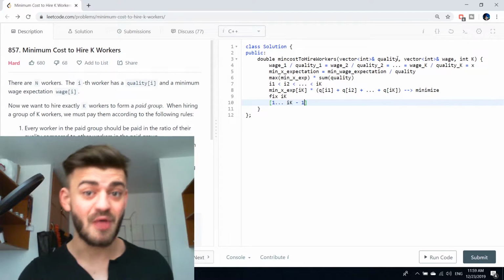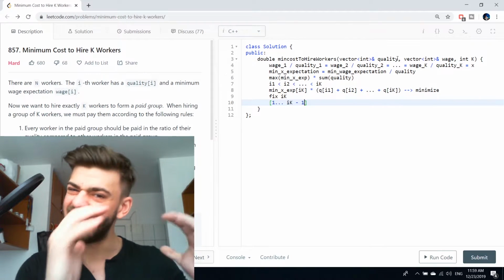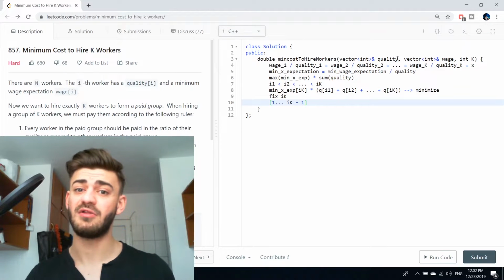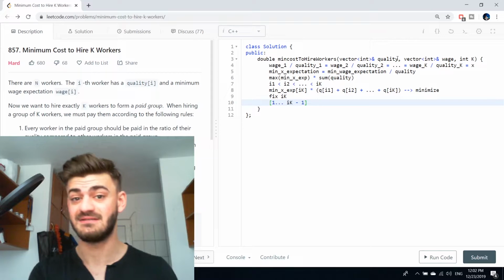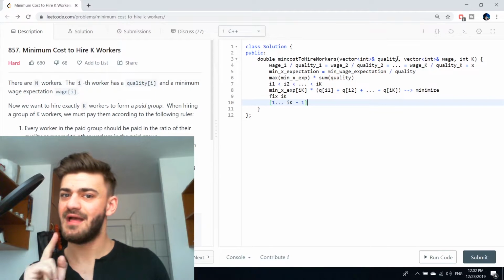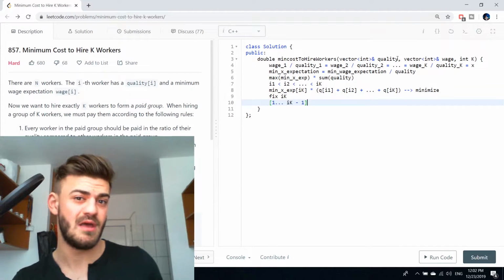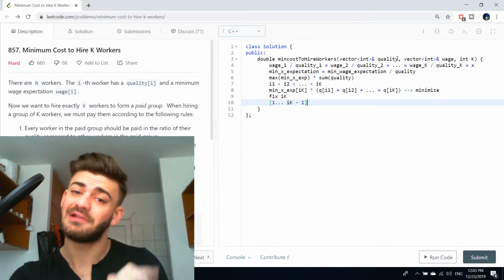So I'm iterating through my workers, and for each worker I need to know the first minimum k-1 numbers. And how do I do that? Well, let's say I am at some current worker and I have my set of k-1 minimum qualities. When I go to the next worker, now the quality of that previous worker becomes available. So what could actually happen is that this quality should be part of the set.